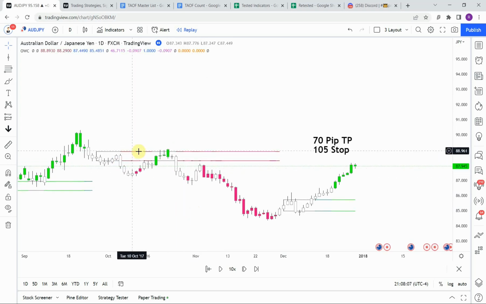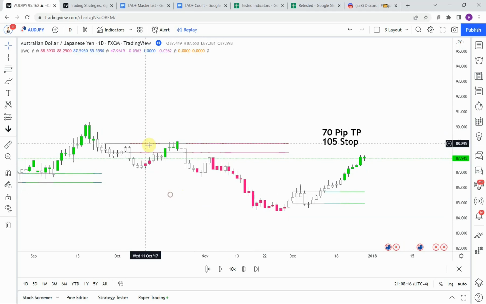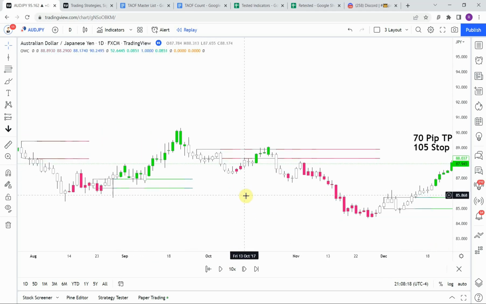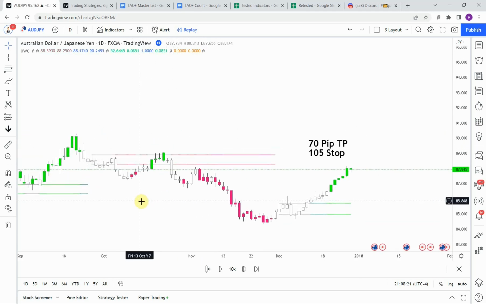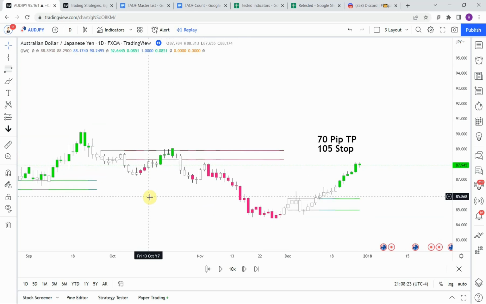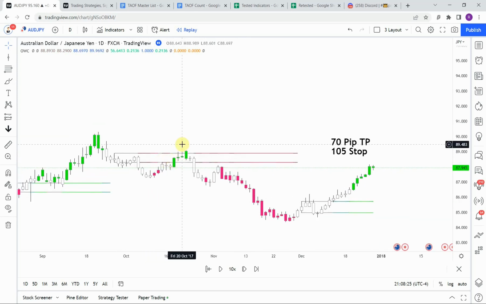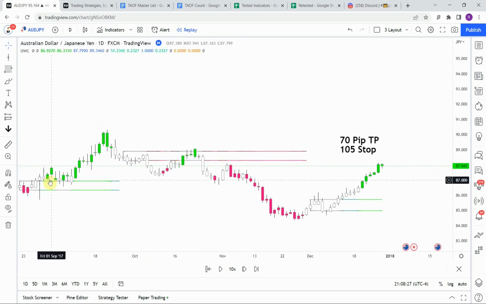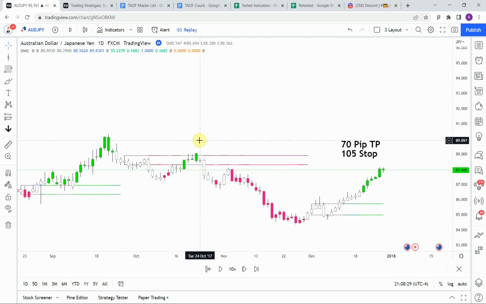But what we have here is basically these kind of shelves here, these areas of kind of support and resistance, like kind of zones here. And what we are looking for ideally is a break of these areas, either to the upside or to the downside.